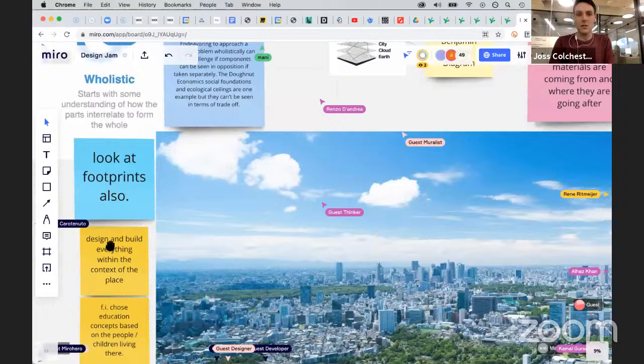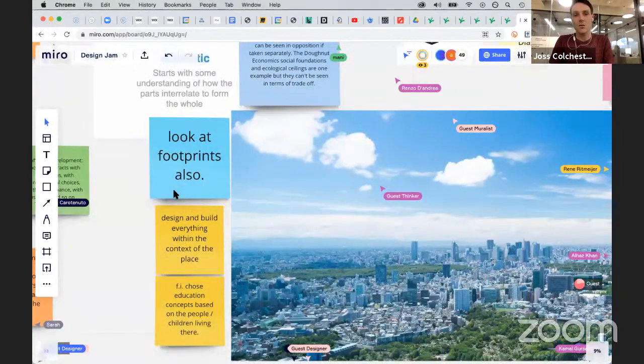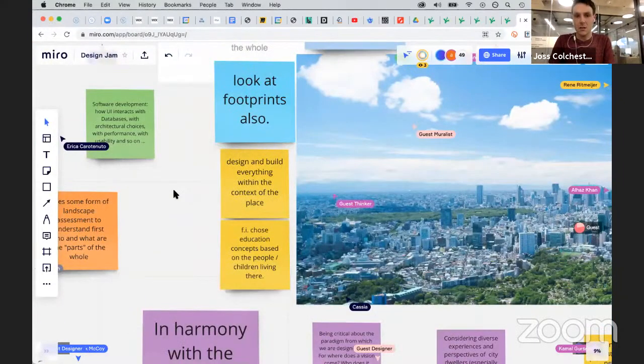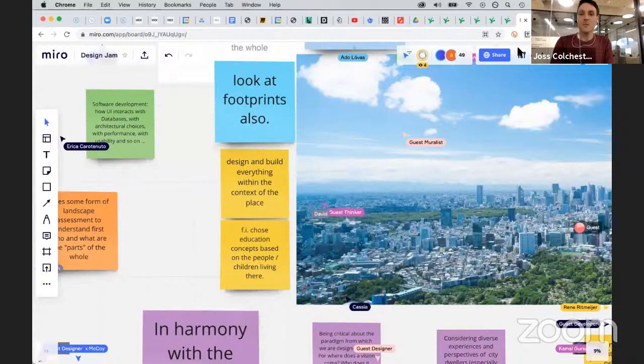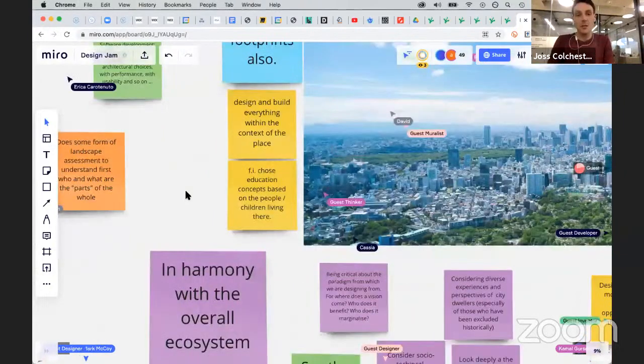Quite a challenge indeed. Look at footprints also. Okay, design and build everything within the context of the place. Anybody want to talk on this? A place-based approach. Choose education concepts based upon the people, the children living there.